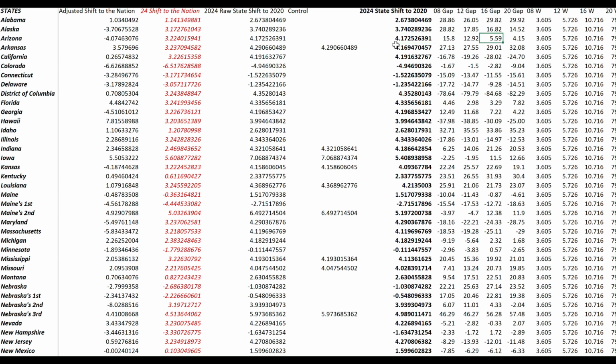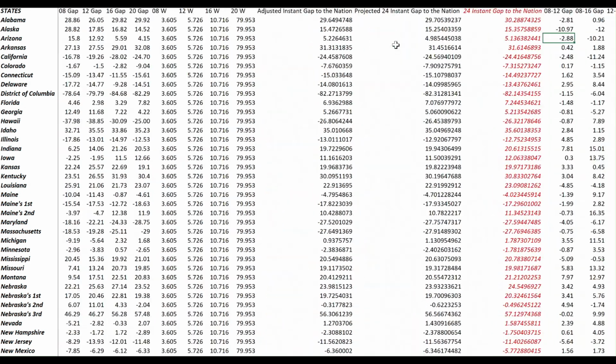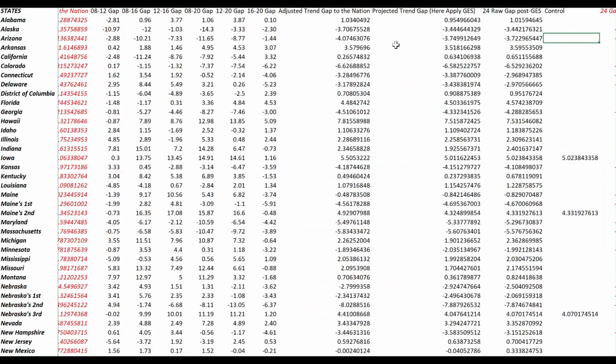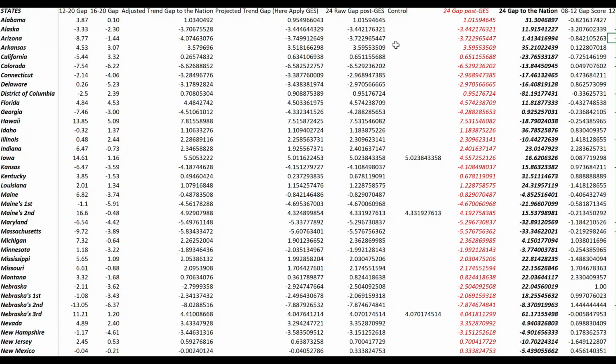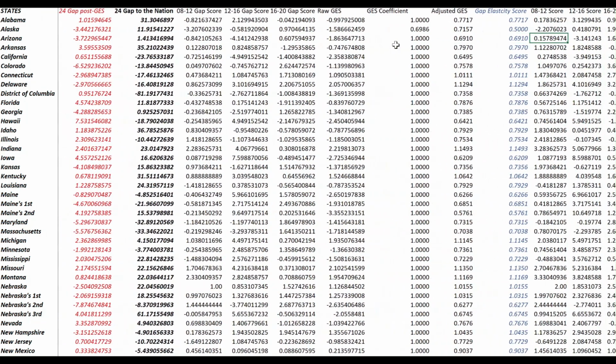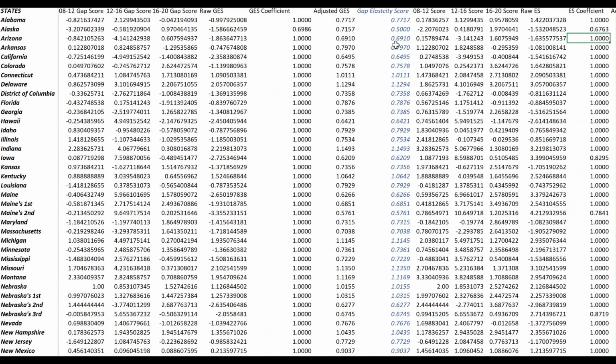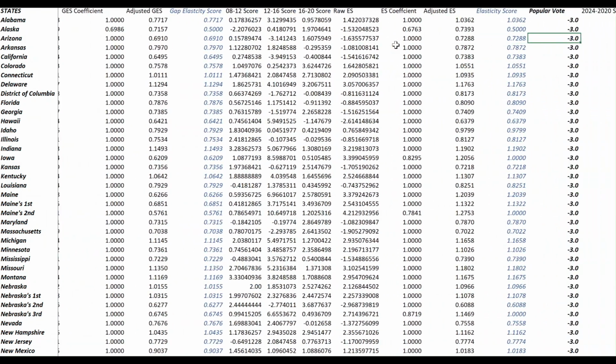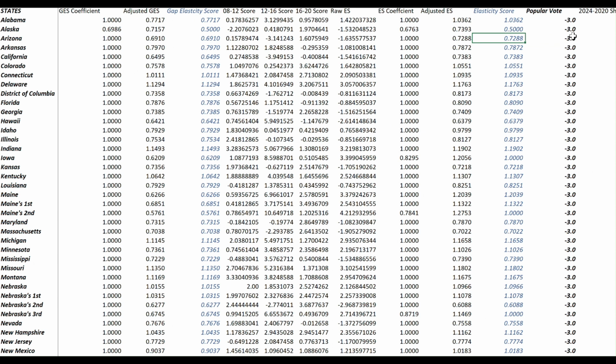What does it mean? It means that there are states that are really elastic. If the nation shifts, they shift a lot, so they really follow the nation flow. There are other states that aren't really bothered by what the nation does. Those states tend to have a really isolated trend.